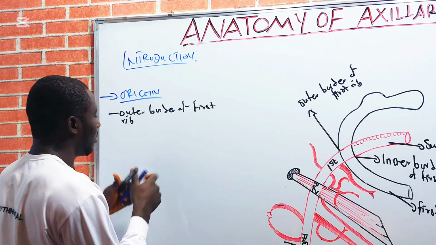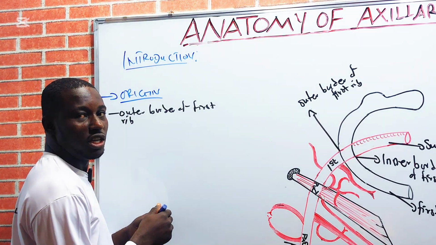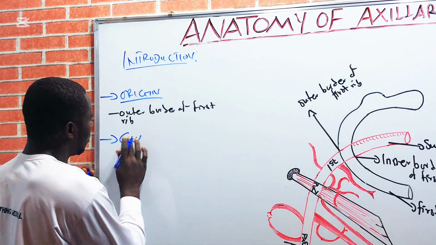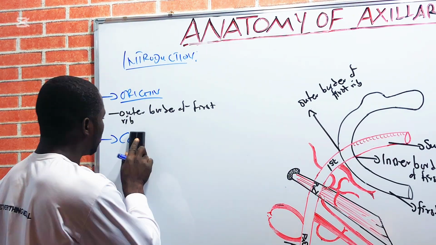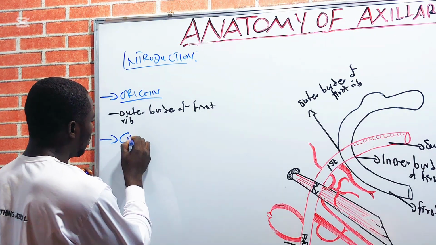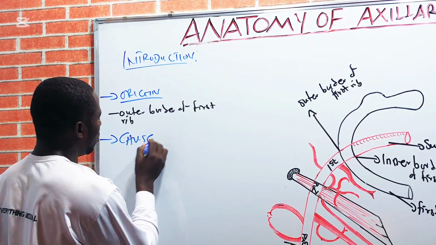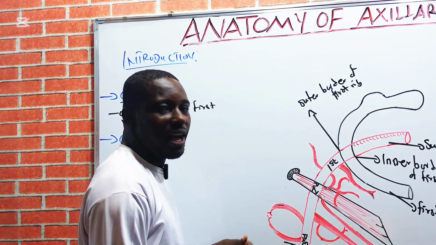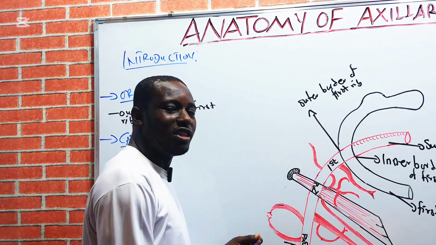Now, the next outline that we are going to be looking at is the course. What is the course of the axillary artery? The axillary artery courses in the axilla.